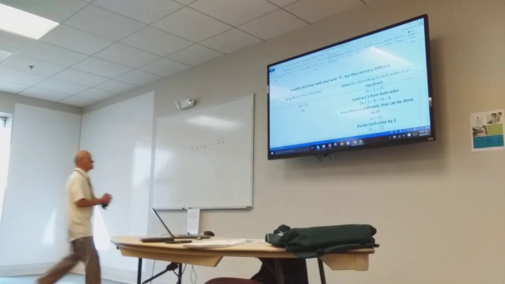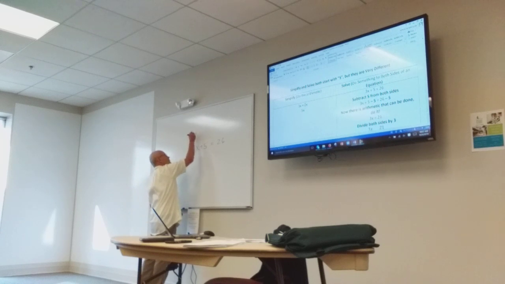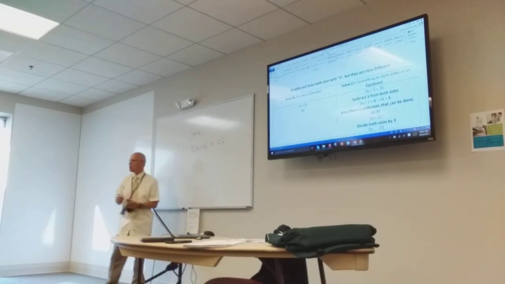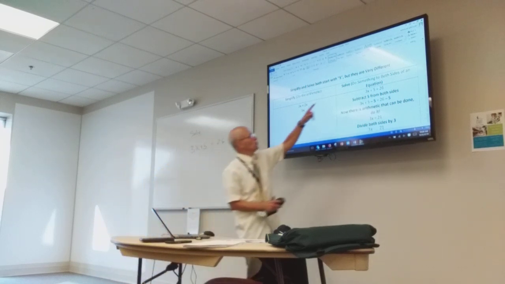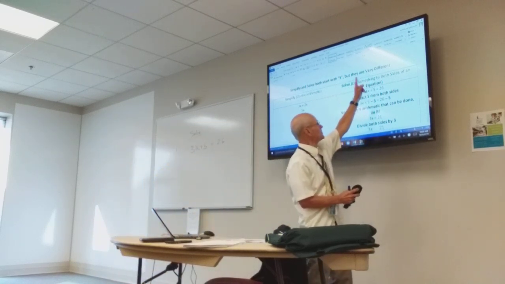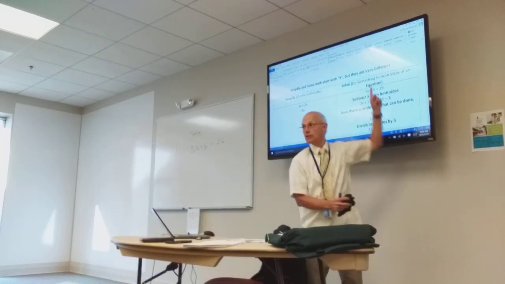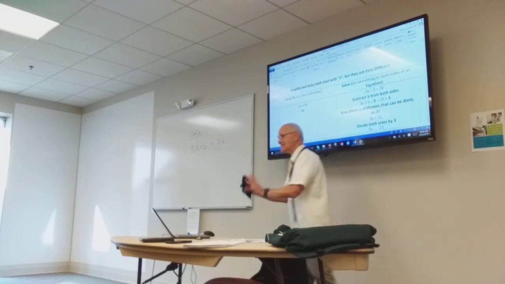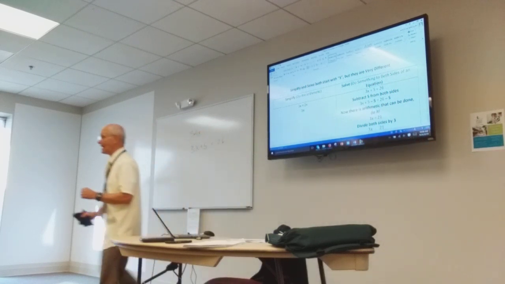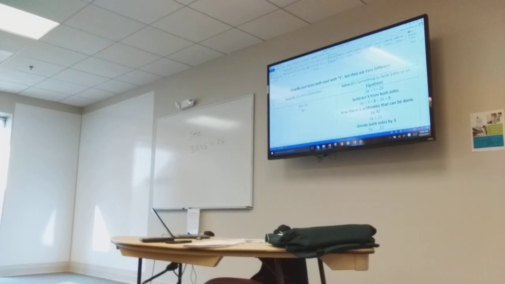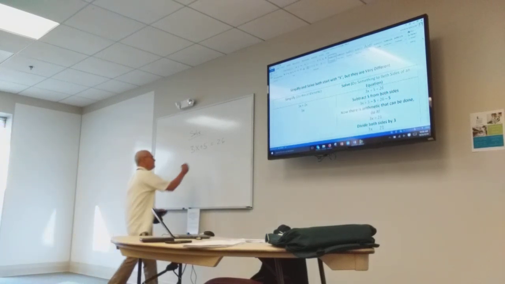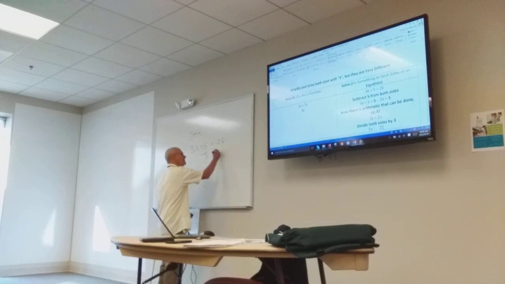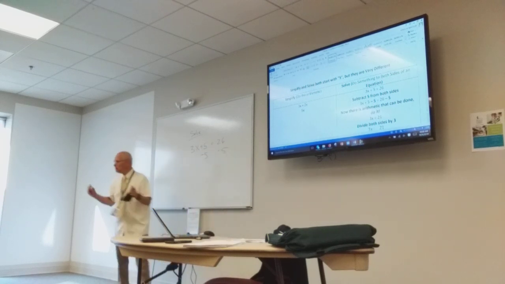Here are the directions. Solve. How do you solve an equation? You do something to both sides. That's how you solve. That's the word you asked. You solve by doing something to both sides. What something am I going to do? I'm going to subtract 5 from both sides.